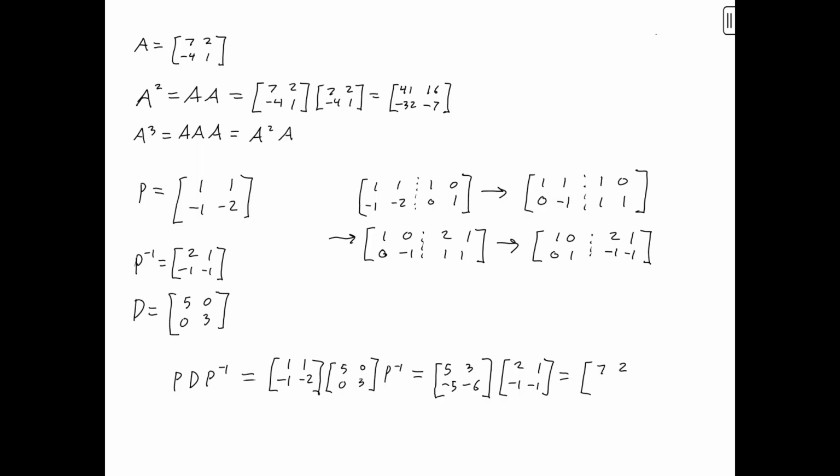And then I get negative 5. Then I get negative 10 plus 6 is negative 4. And negative 5 plus 6 is 1. And the thing that's nice about this is that's A. So I can rewrite A as P times D times P inverse.